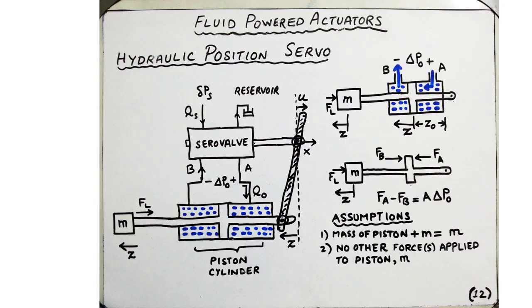We're going to make an assumption here that the mass of the piston plus the lever and the mass of the load, all of these masses add to M. In other words, we're saying that the mechanical lever has negligible mass and the piston has a negligible mass compared to the mass of the load M. So these three components can be considered as a single rigid body experiencing a linear displacement Z. And we're also going to make an assumption that there is no other force applied to the piston or the mass or on the mechanical lever.